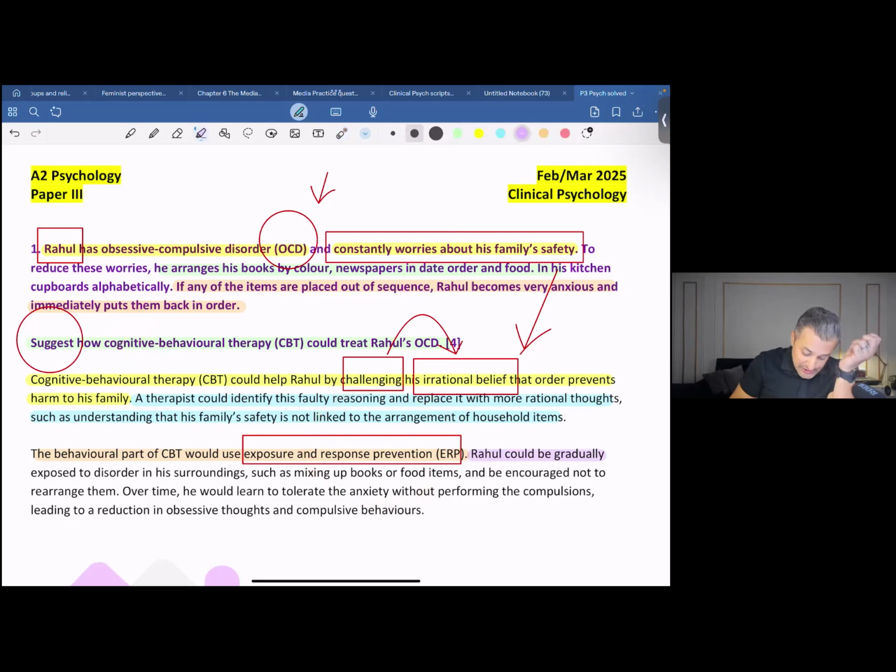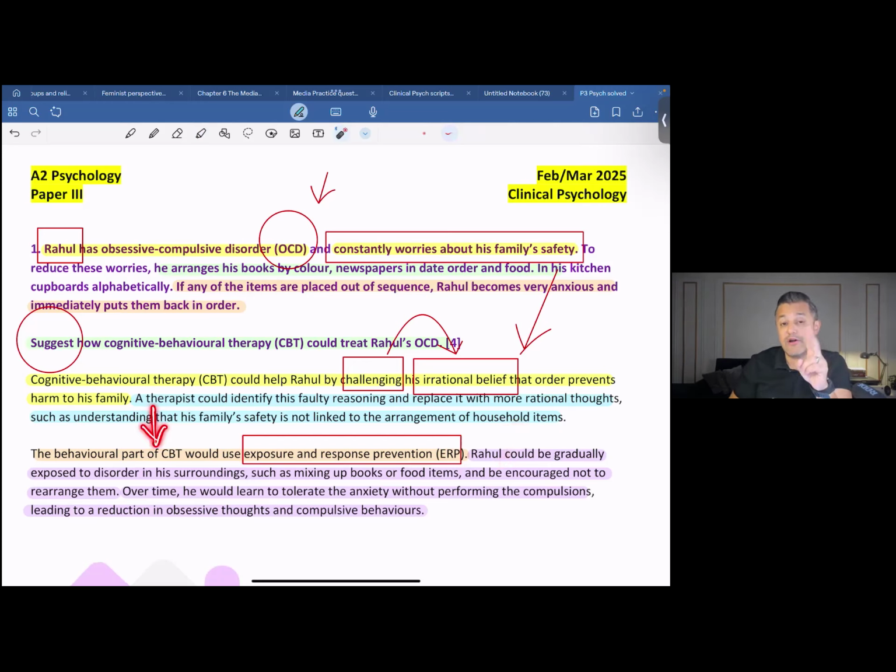Rahul could be generally exposed to disorder in his surroundings, such as mixing up books or food items, and be encouraged not to rearrange them. Over time, he would learn to tolerate the anxiety without performing the compulsions, leading to a reduction in obsessive thoughts and compulsive behavior. So, the third mark is where you have identified the behavioral aspect. Over here, you had identified the cognitive aspect in the first paragraph.